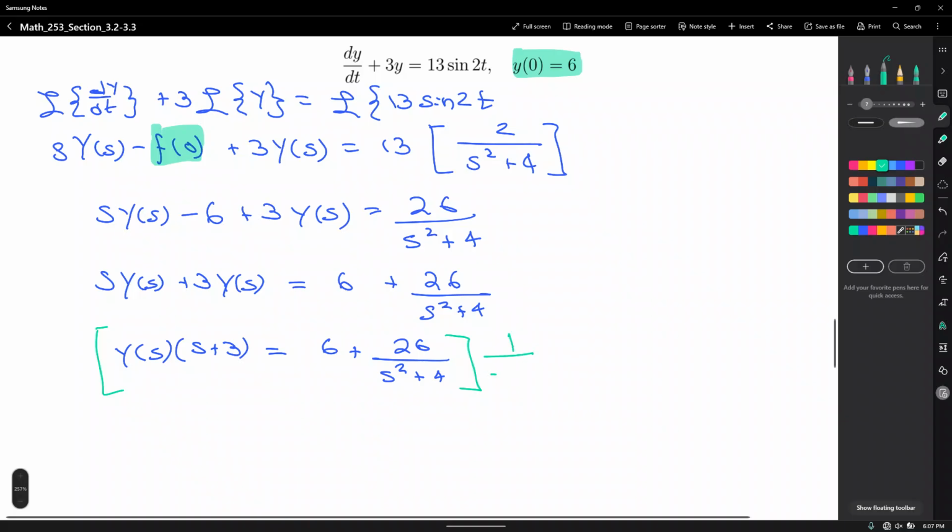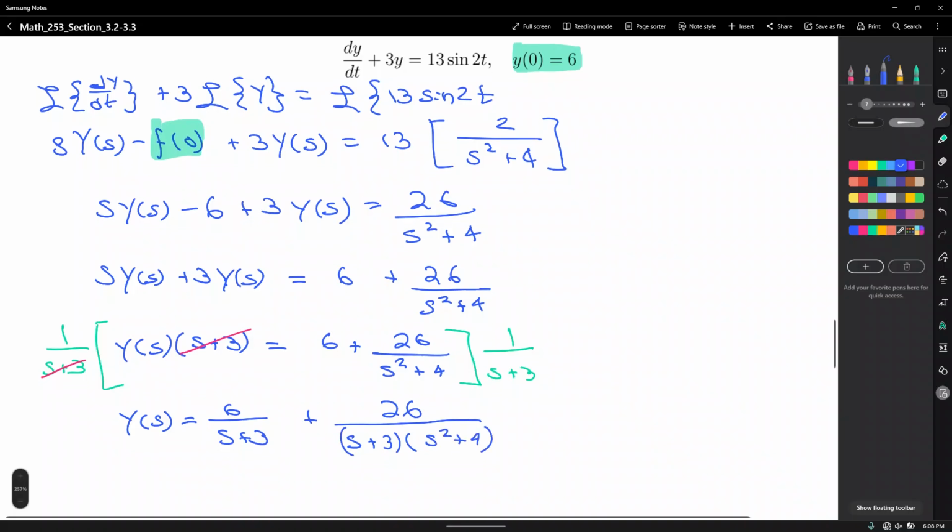Goodbye over here on the left side of the equation, and multiply 1 over s plus 3 times 6 and times 26. So we get 6 over s plus 3 plus 26 over s plus 3 times s squared plus 4.